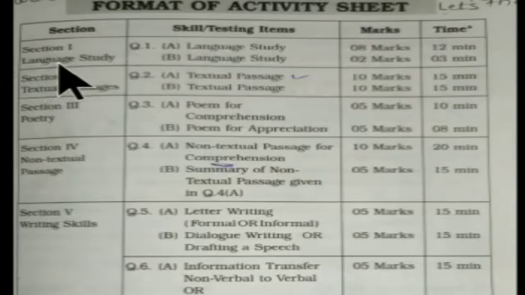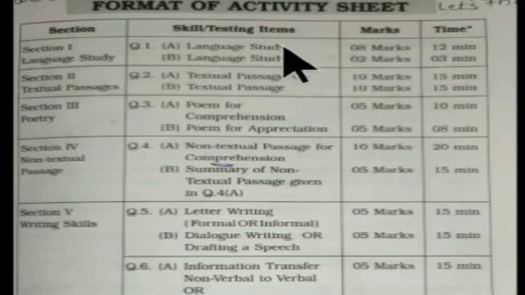Section 1, language study. The language study section is divided into 2 parts, question number 1A and question number 1B. Question number 1A, language study, is for 8 marks and you have to attempt this question in 12 minutes.